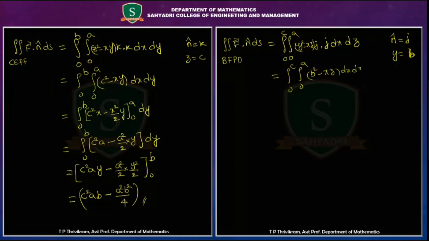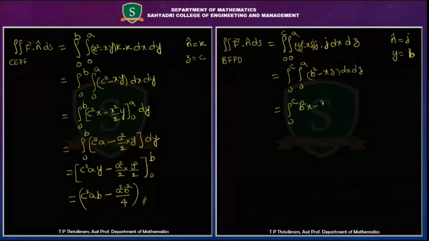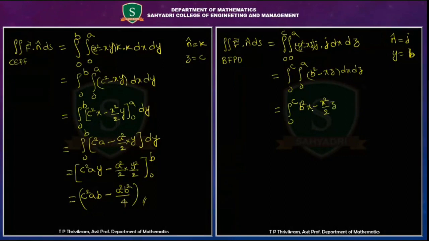dx dz. Okay. So this one is equal to integral 0 to c, b square x minus x square by 2 z, having the limits from 0 to a, dz. Okay. So apply the limits. How much will we get? Integral 0 to c, b square a minus a square by 2 z, dz.